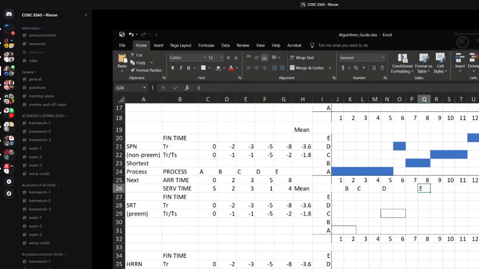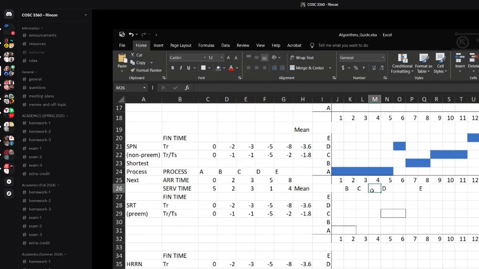What if E's arrival time was also 4? You mean the service time? Because if E arrives at 4, then at time 4 you need to consider E in the queue as well. That will make the problem a little bit more challenging, but essentially you would just take care of whatever is in the queue at that time.